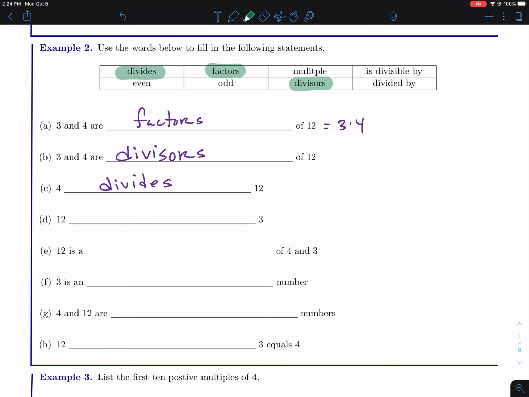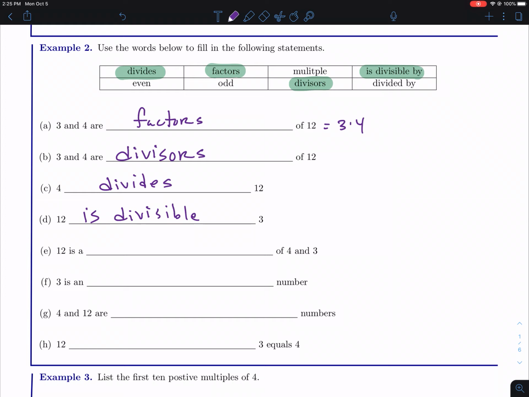Let's see. So 12 blank 3. 12 is divisible by 3, is what we're looking for here. And so 12 is a blank of 4 and 3.